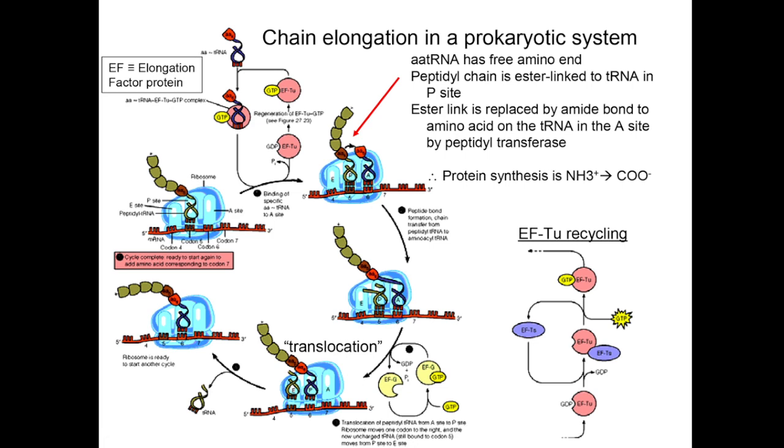This is translocation of messenger RNA along the ribosome, or translocation of the ribosome along messenger RNA, as you prefer. In the E site the previous free tRNA dissociates, and in the P site is the next tRNA with the associated polypeptide chain.